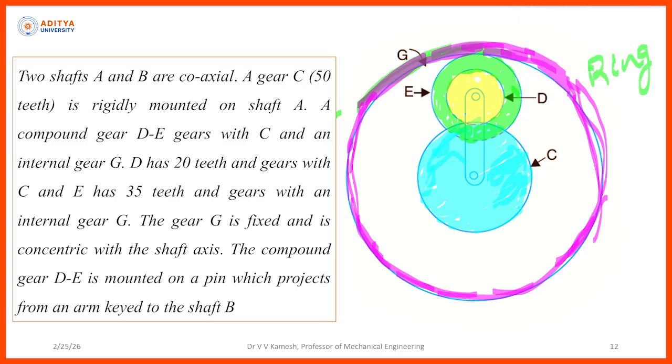Now you identify here. Now I am drawing one line, or otherwise you can draw easily, right? Now what is this line actually? This is the radius of gear G, right?